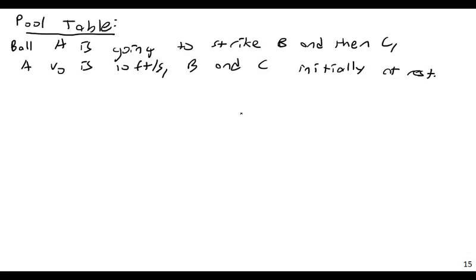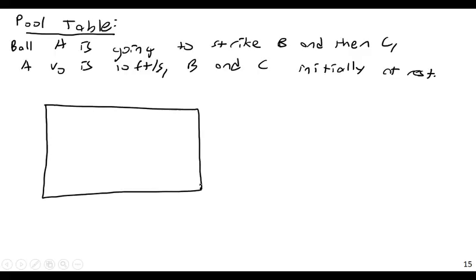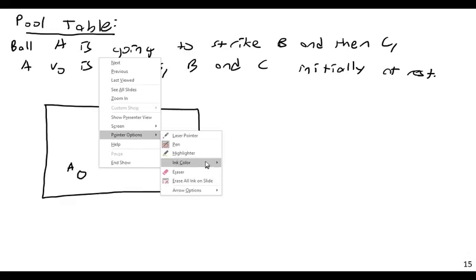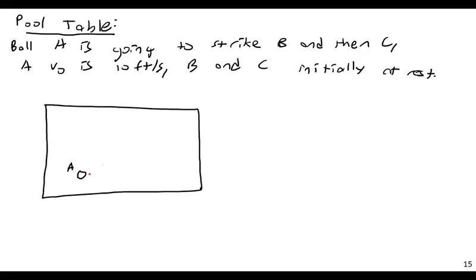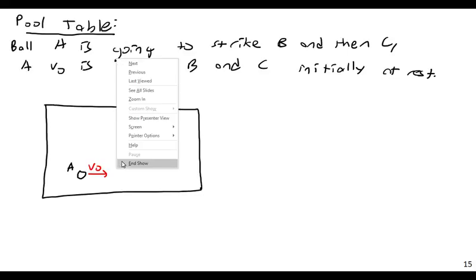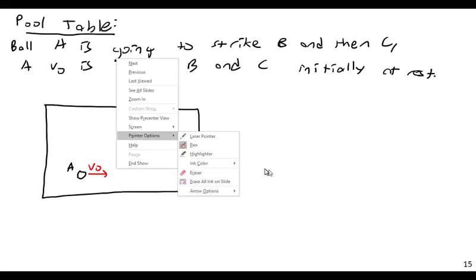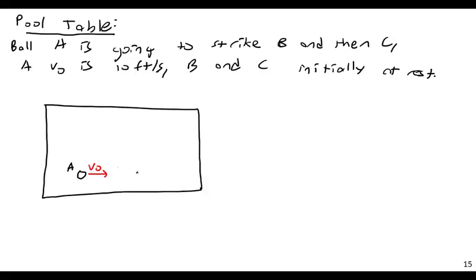Okay. So let's draw this out. Here. I have ball A with an initial velocity of V naught. It is going to strike ball B obliquely, which just means, of course, as we've discussed, at an angle.